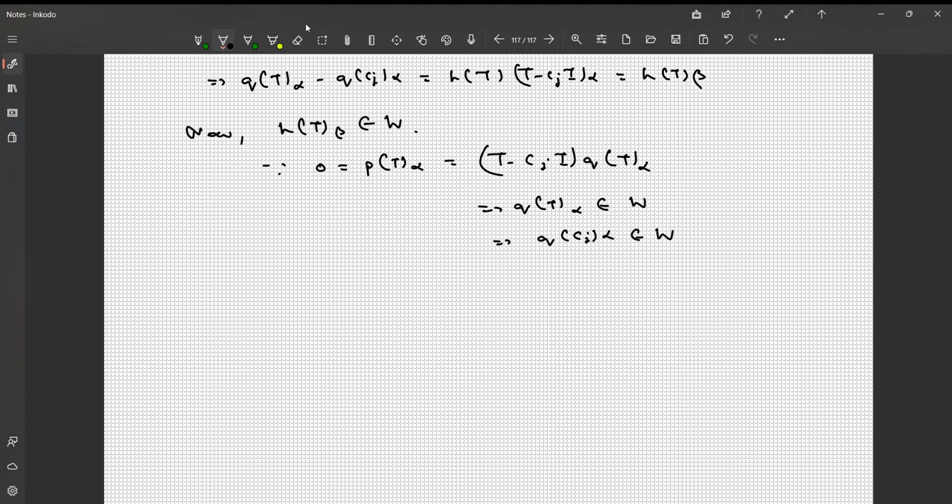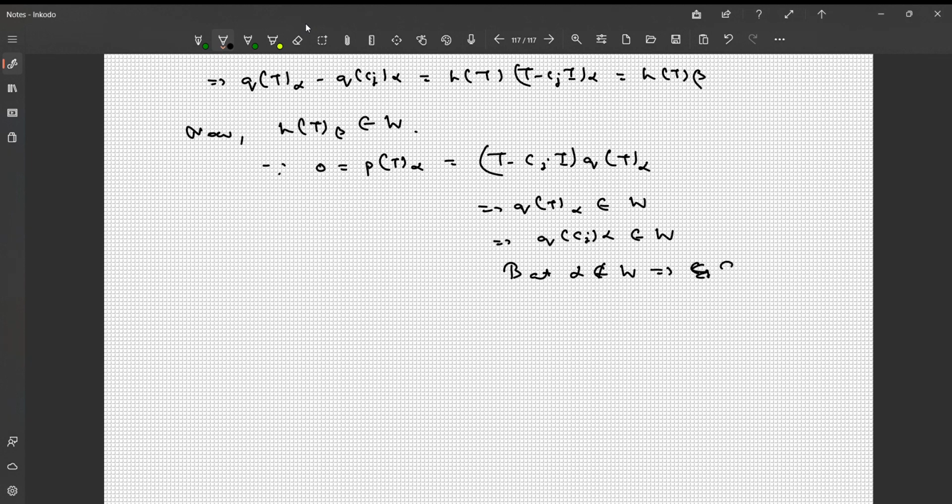So that implies q(T) of alpha must be inside W, but that implies q(cj) of alpha times alpha is inside W, right?